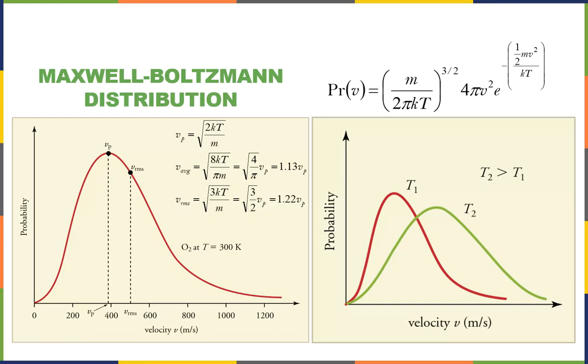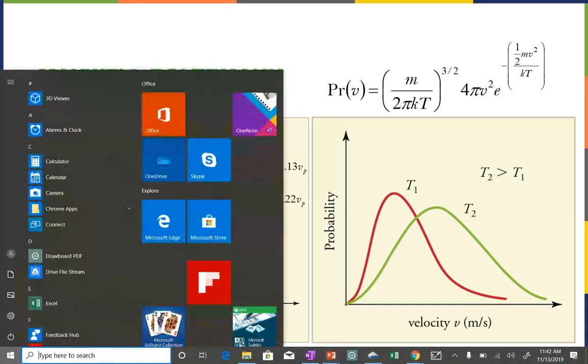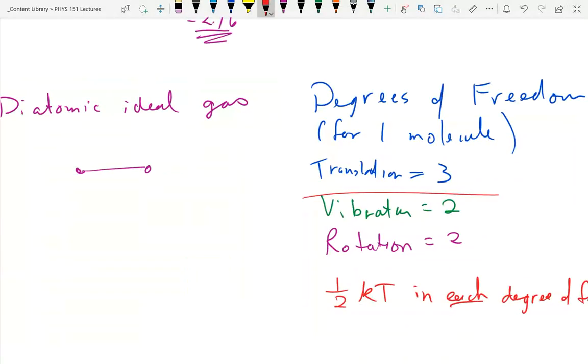But you need to have that understanding of what's going on and why. And then, of course, we'll probably do a calculation or two, like what is the RMS speed if I have room temperature hydrogen gas. Let's just, for grins, do that. Room temperature hydrogen gas.